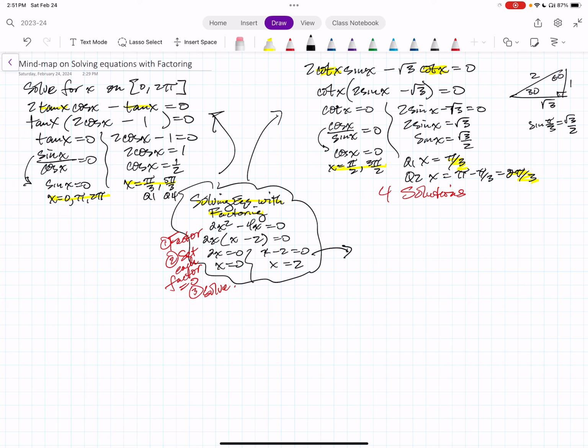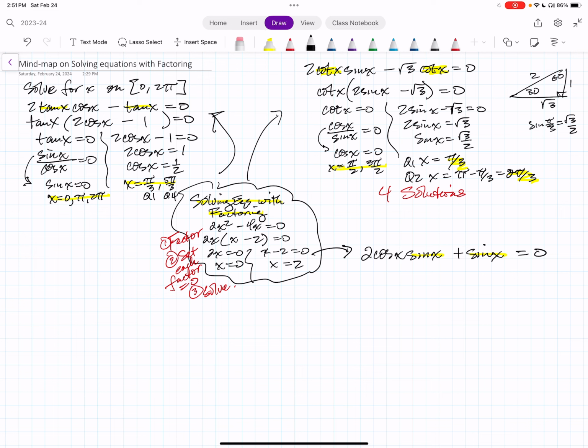All right. So next one here, let's take 2 cosine x times sine x, actually plus sine x. Let's change it up a little bit here. Is equal to 0. And again, we're solving all of these equations from 0 to 2 pi. So what's your common factor? Well, in this case, it's the sine x function.